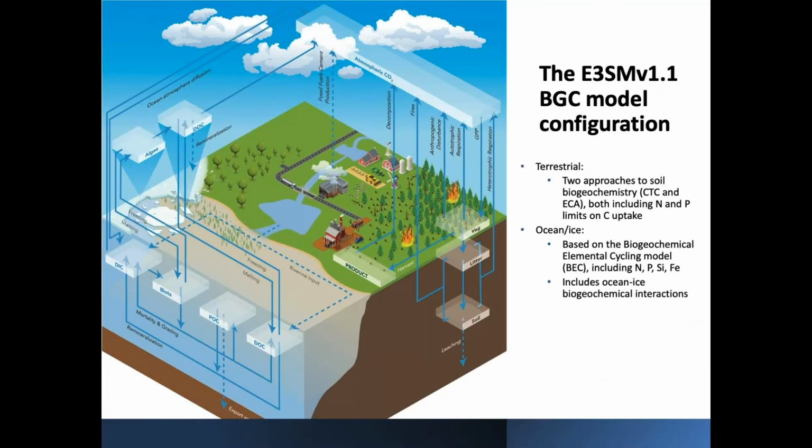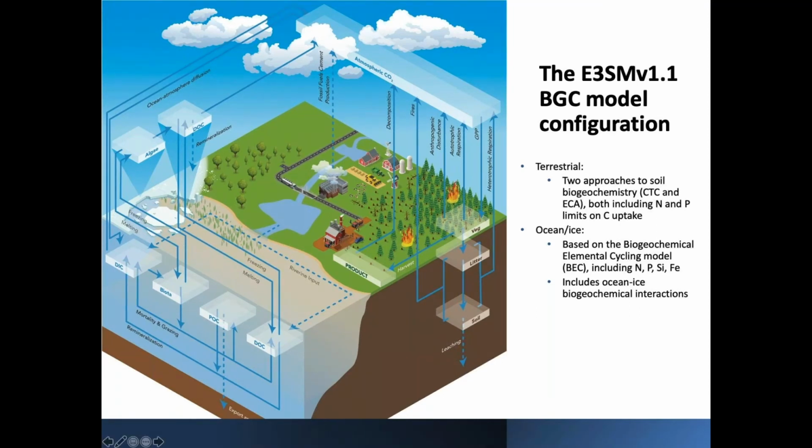So the model configuration that we use to look at this question is the E3SMv1.1 BGC model configuration. This extends the V1 water cycle configuration with a few bug fixes and turns on the biogeochemistry components in the land and the ocean.